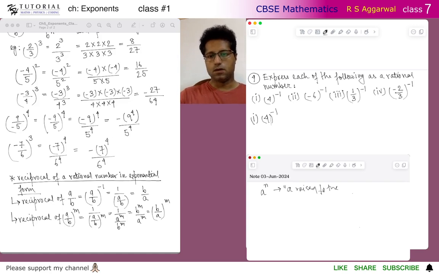Let us first express 4 as a rational number. Now, we know that the reciprocal of a rational number is nothing but we just reverse the numerator and the denominator. So, this becomes simply 1 by 4.